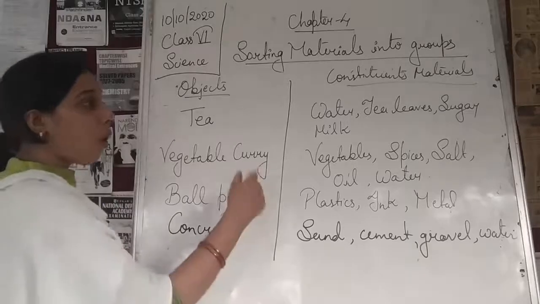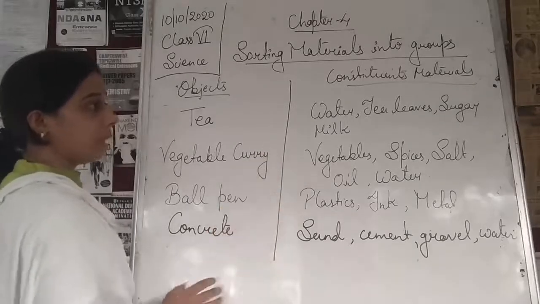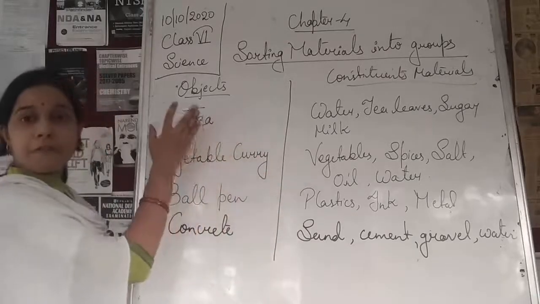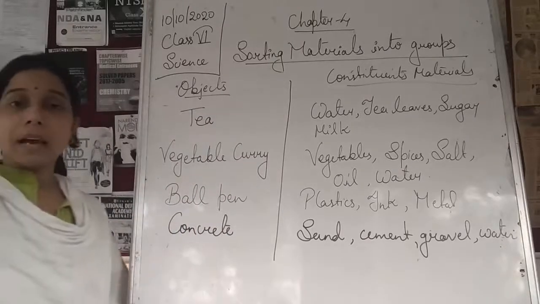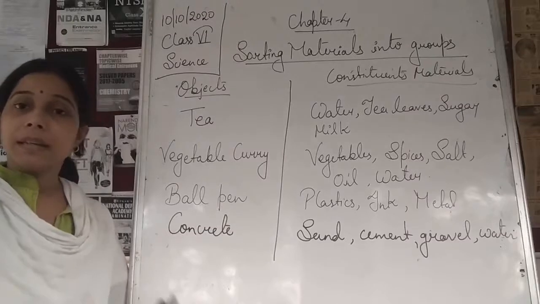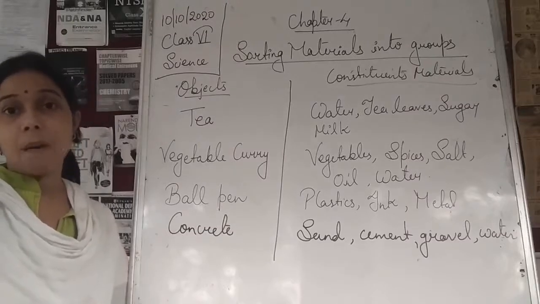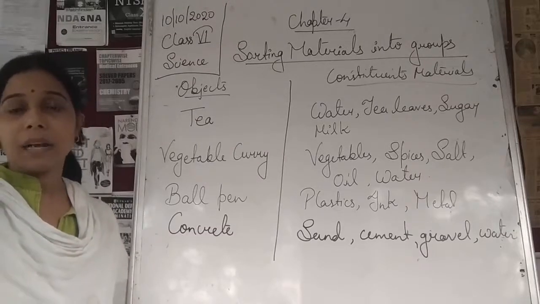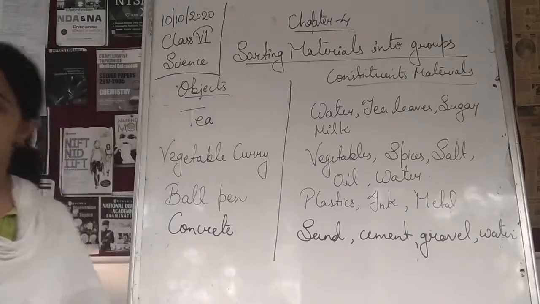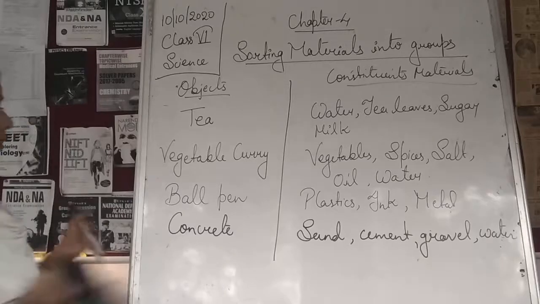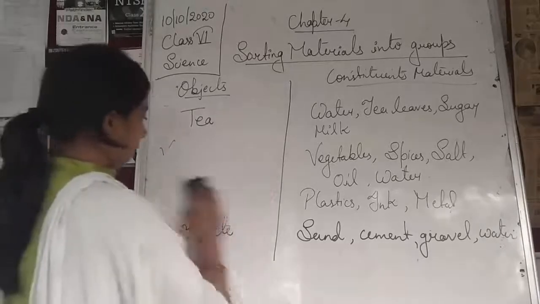So this combination of materials is responsible for the formation of this object. So we can say by this that an object can be made up of more than one type of material, or a combination of different kinds of material. Okay, so we can write it.